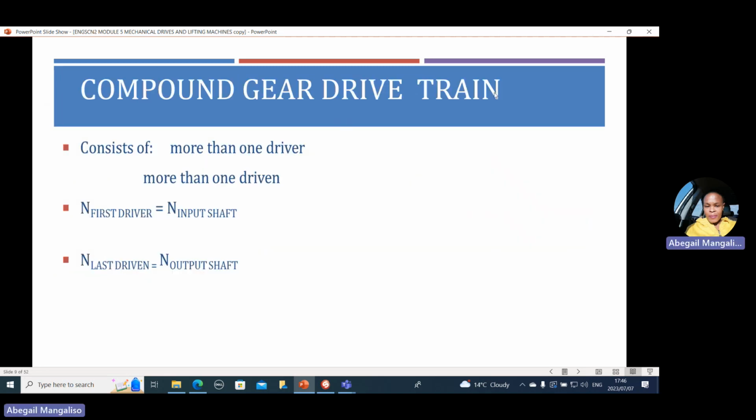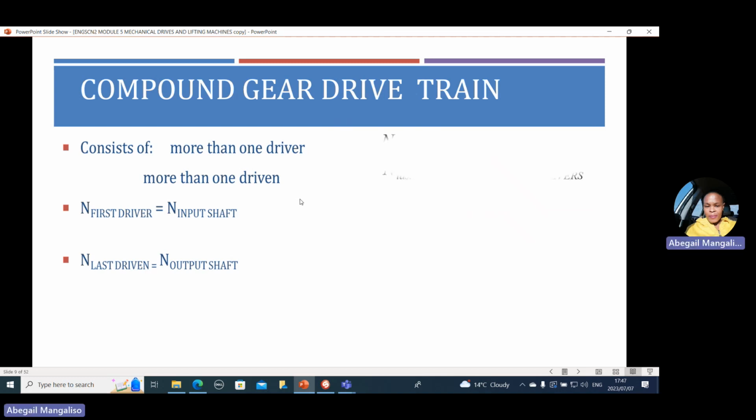A compound gear drive, or gear train, has more than one driver and more than one driven. Now, in this type of combination, the first driver's shaft is the input shaft. And the last driven, the shaft that it is keyed or mounted on, is called the output shaft.